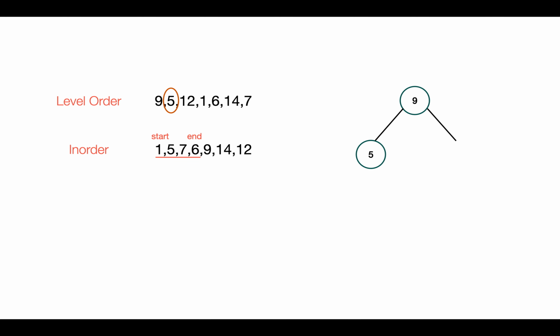So the left subtree for this call will be from index 0 to 0. So we create a root for the subtree with value 1 and check for left and right subtrees. But as you can see, pointer end cannot be further decreased and start cannot be increased.